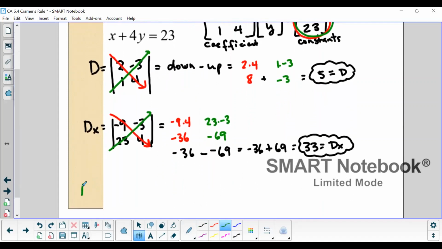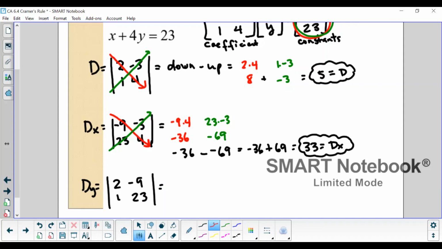So d sub y, I'm using straight bars to indicate that I'm about to find a determinant. The original first column goes back to what it was, 2, 1. But now the constants replace the second column. The constants are negative 9 and 23. And we do the determinant, right?